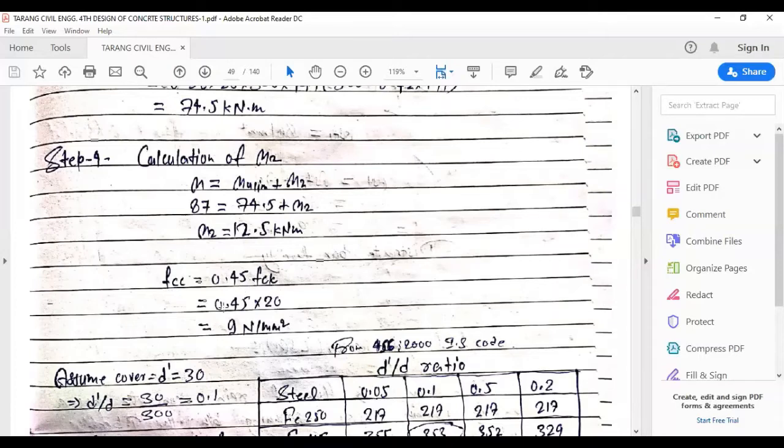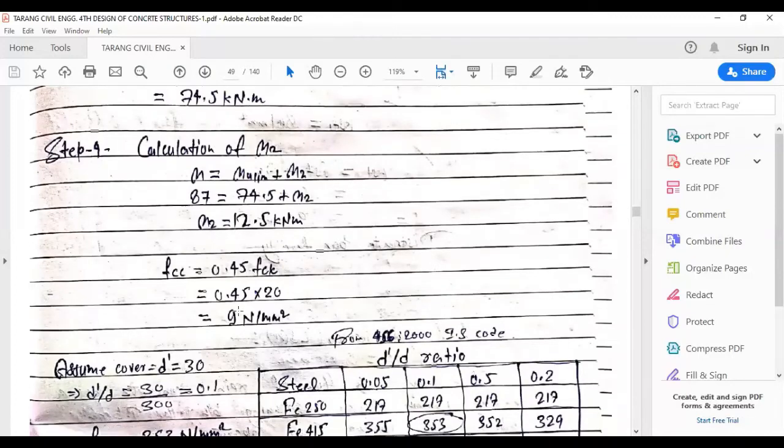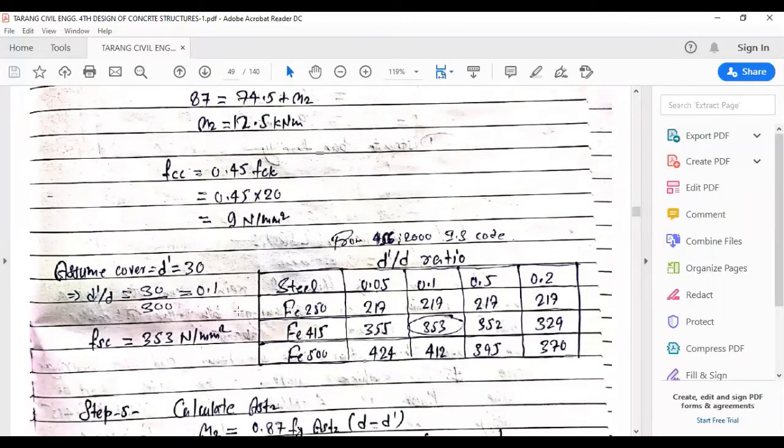So it comes out to be 9 Newton per mm square. We'll assume a cover D dash as 30 mm, and the D dash by D ratio comes out to be 0.1.